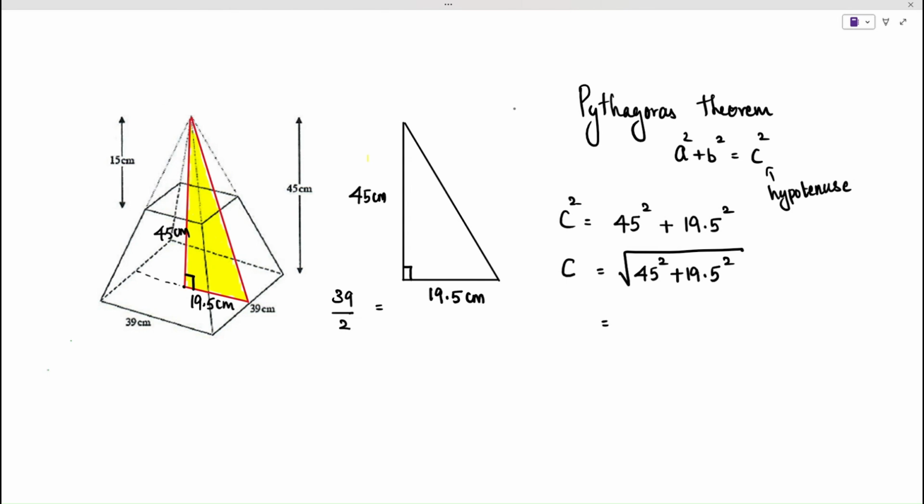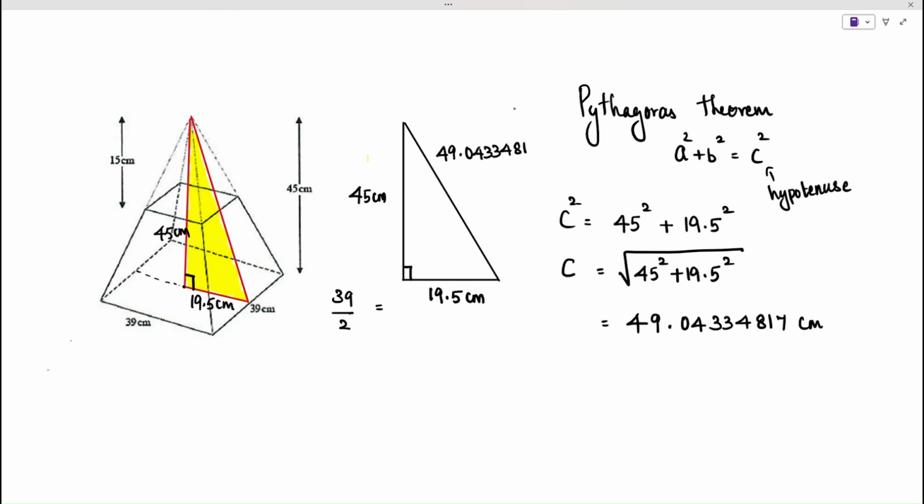Now this is equal to, if we take all the values in the calculator, 49.04334817 centimeters. Now we found the height of one of our triangular faces.